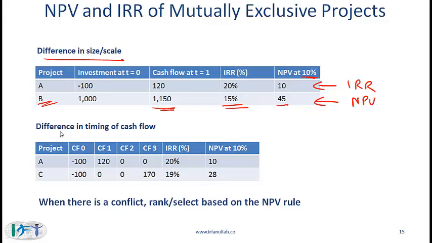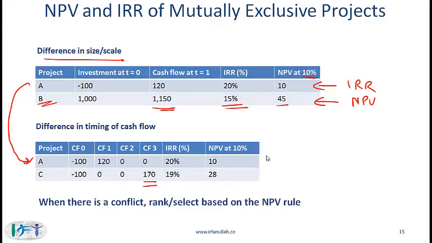There is also a discrepancy if we have a difference in timing of cash flow. Project A is the same project as before. Project C now has the same cash flow, but we get back 170 at the end of year 3. Notice that the IRR is now 19% here, NPV is 28.